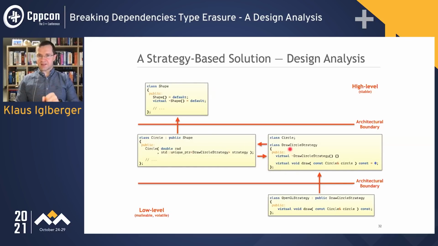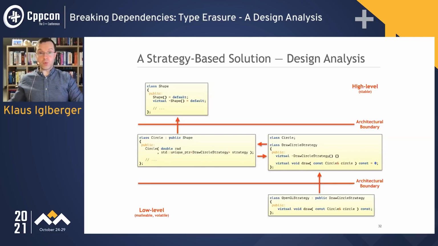And now that enables us to implement different strategies on another low layer. A layer where all the implementation details can reside, a layer that we consider to be malleable, volatile, well, the implementation details. So the higher we are, the more abstract, the lower we are, the more we see the implementation details.